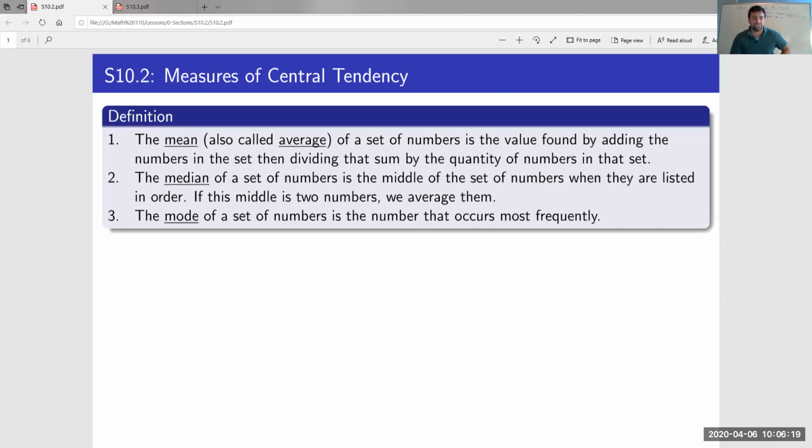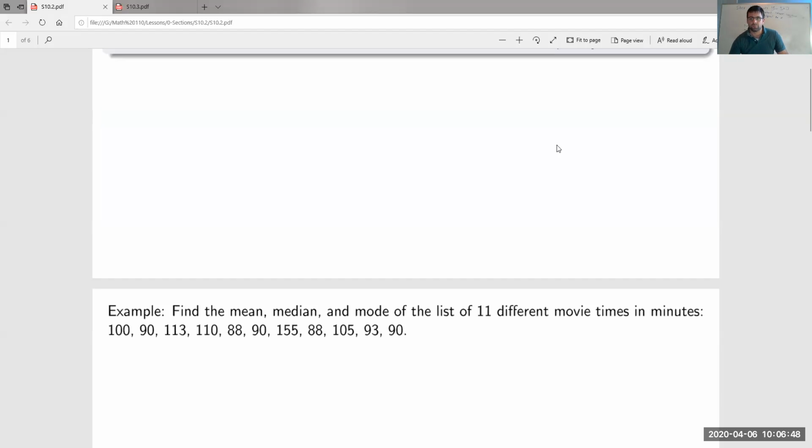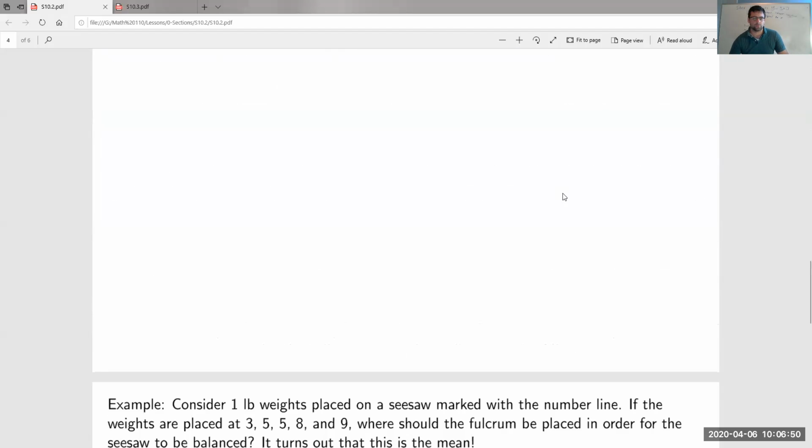The median is just the middle of the set of numbers when they are listed in order. And if there are an even number of pieces of data, then we take the middle two numbers and we average them. And then the mode of a set of numbers is the number that occurs most frequently. So these three different values tell us a lot about the data set that we're talking about.